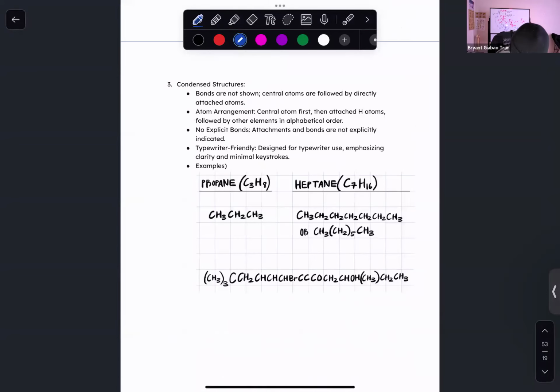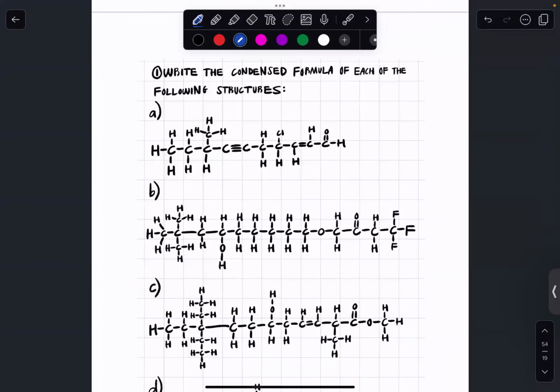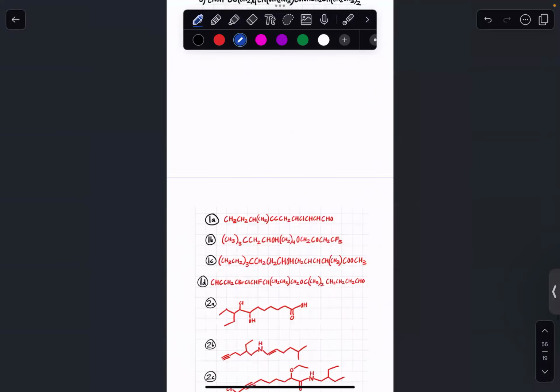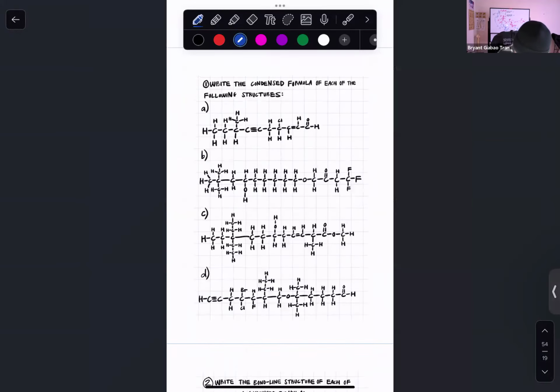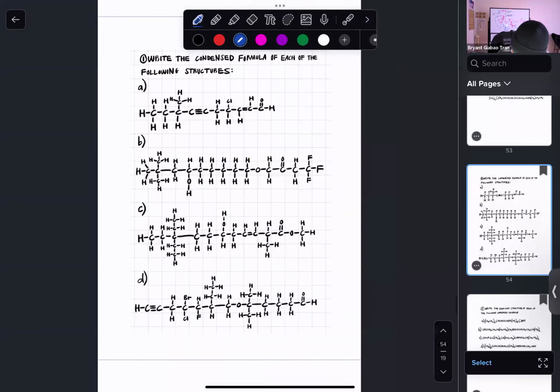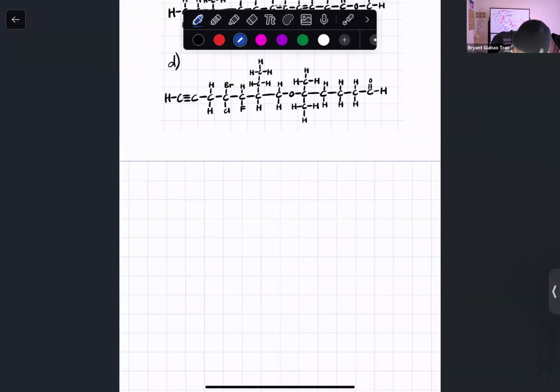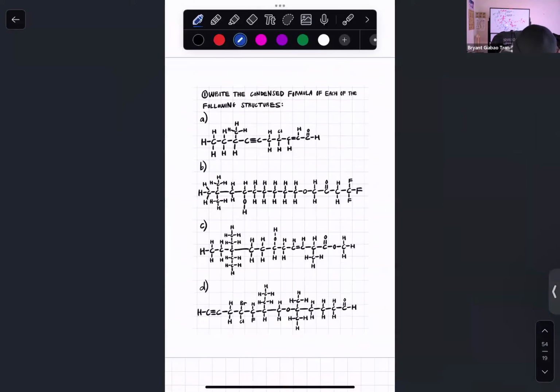This one is asking to draw the condensed formula, but we could just do the bond line formula instead of the condensed formula.